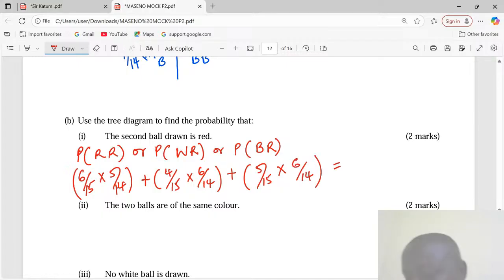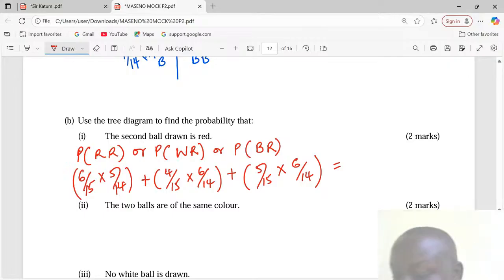Please confirm my values. I hope you guys are still holding your calculators. Help me to confirm this computation. 6/15 times 5/14 that way, or means addition, 4/15 times 6/14, or 4/15 times 6/14.